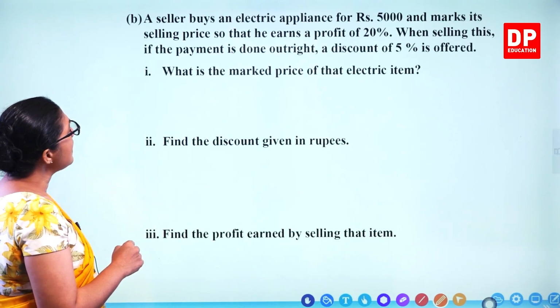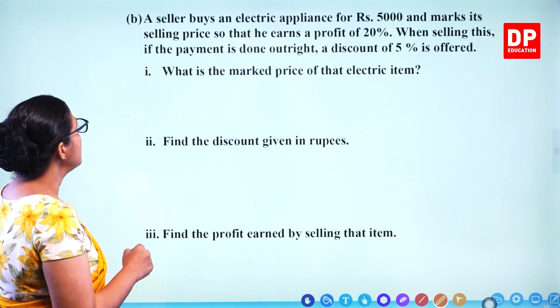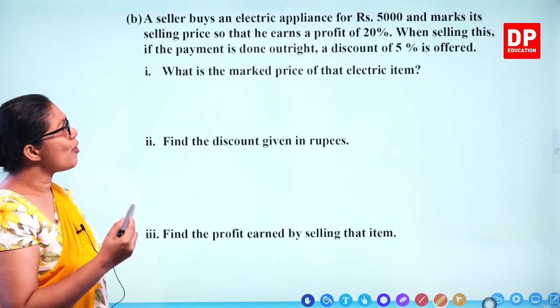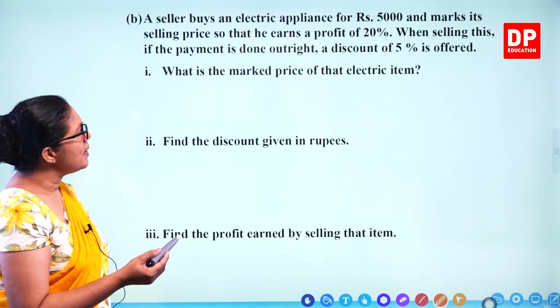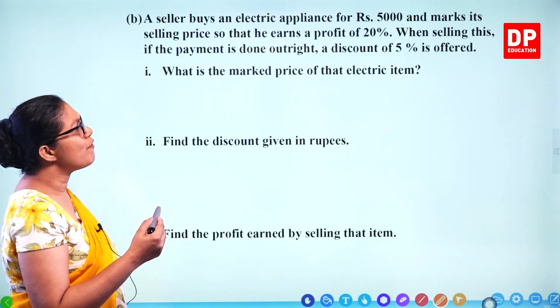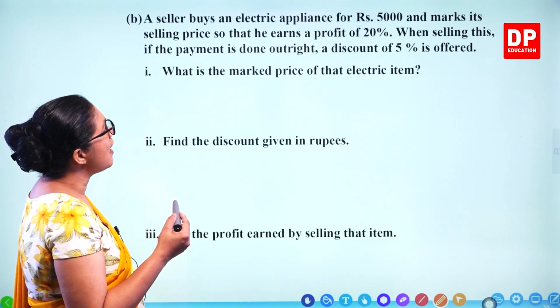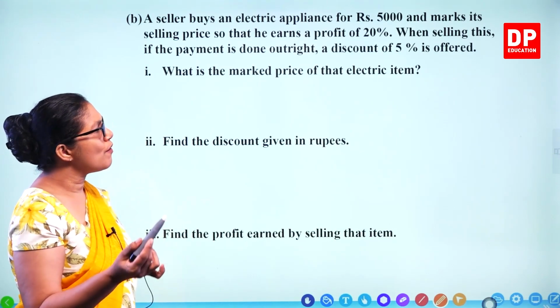B. A seller buys an electric appliance for 5,000 rupees and marks its selling price so that he earns a profit of 20%. When selling this, if the payment is done outright, a discount of 5% is offered. What is the marked price of that electric item? So 20% of that.